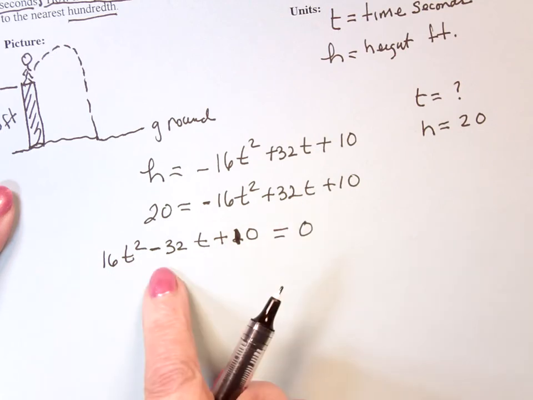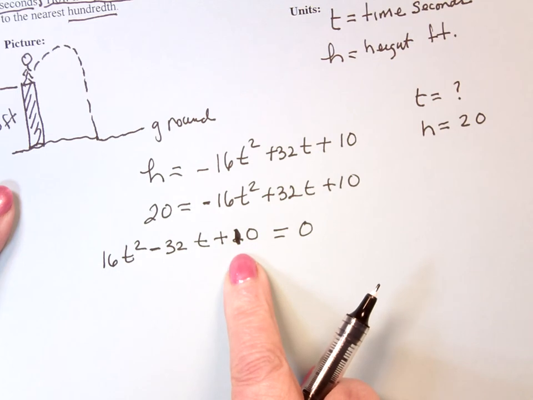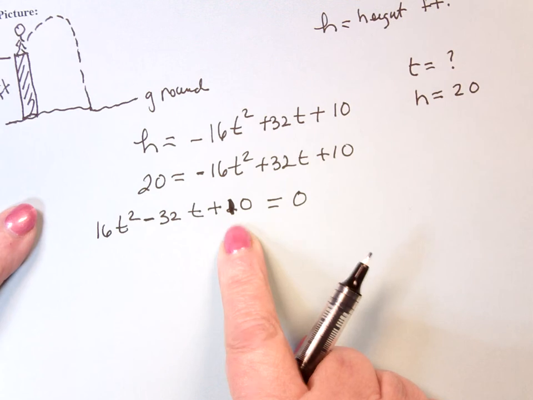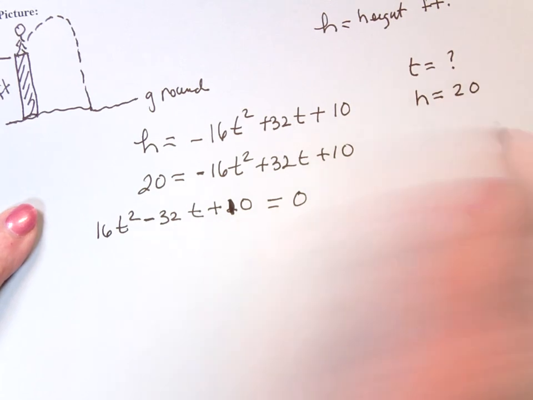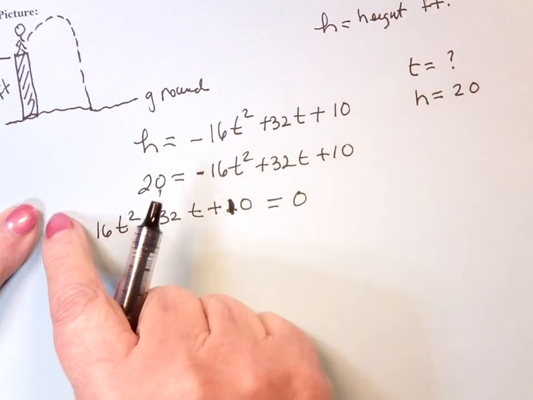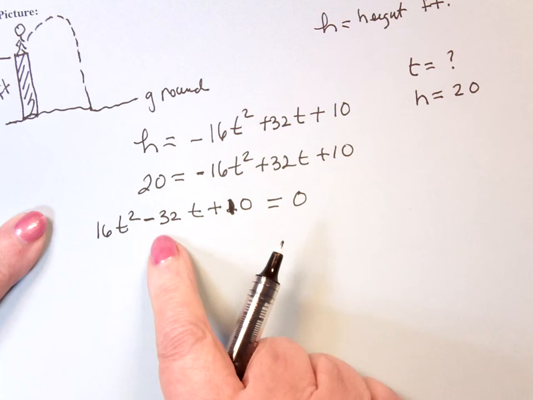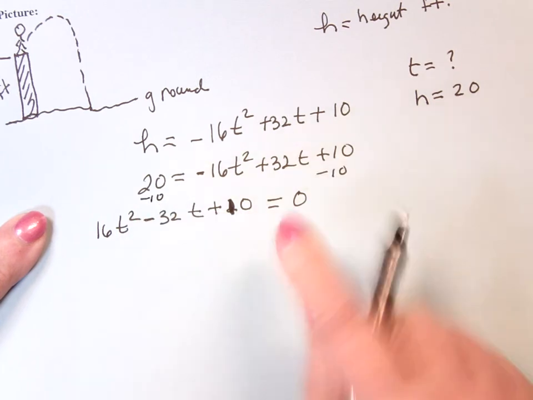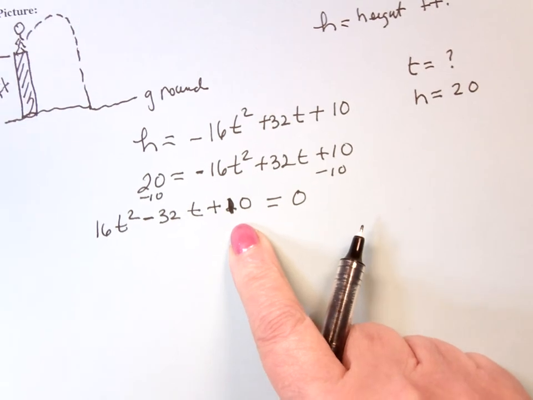Pardon me? So you subtract 20. Oh, you do. I went the other way. I added 16 and moved everything over here. I subtracted 32, and then I subtracted 10. Does it make a difference? No, I did it the other way in the other hour, so you'll still come up with the same answers.